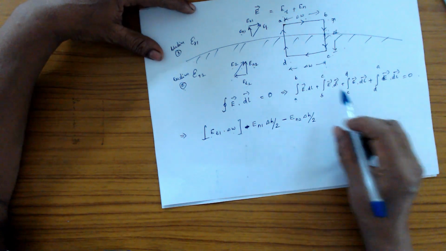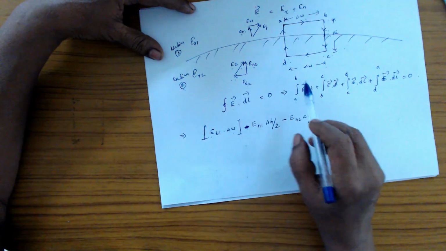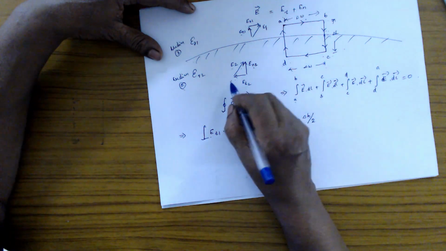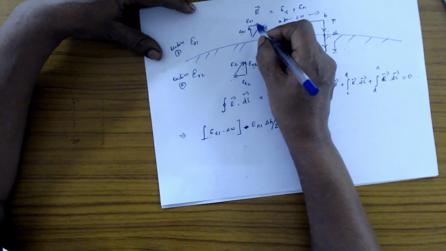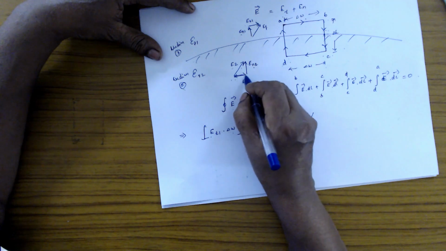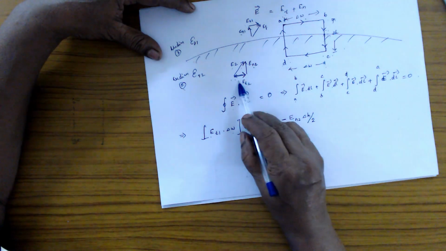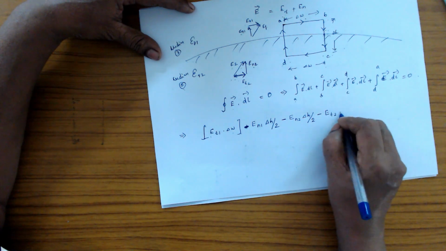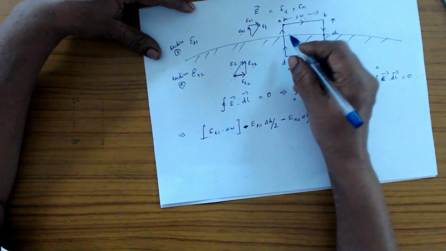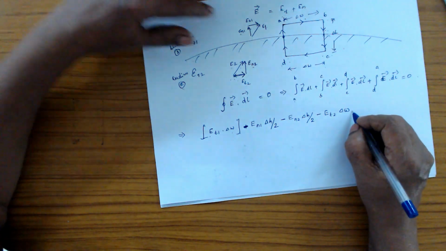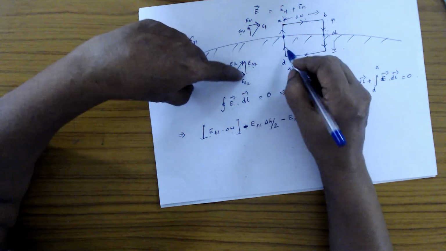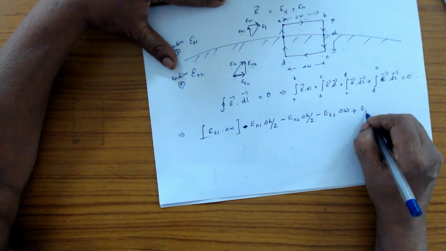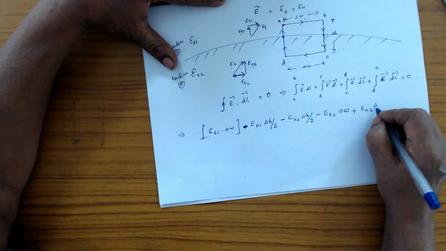Then from C to D, again this tangential and this tangential. This I need to mark like this. This is tangential ET1, and this is ET2. This ET2 and these directions are opposite, so I can put it as minus ET2 into delta W. Again from D to this junction, both vectors are in the same direction, so I can put plus En2 into delta H by 2.